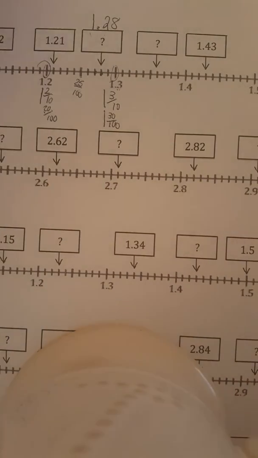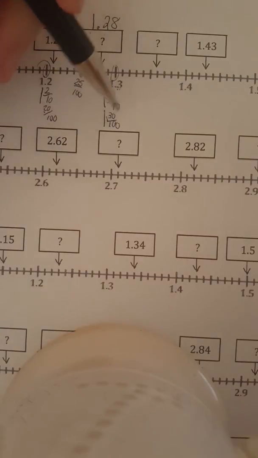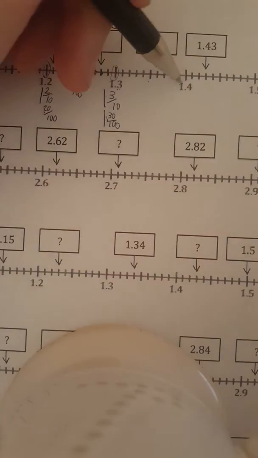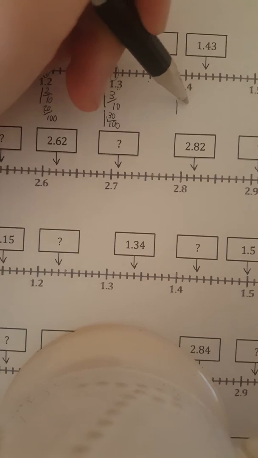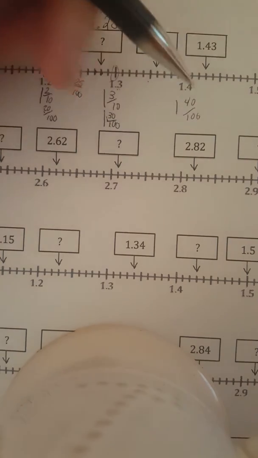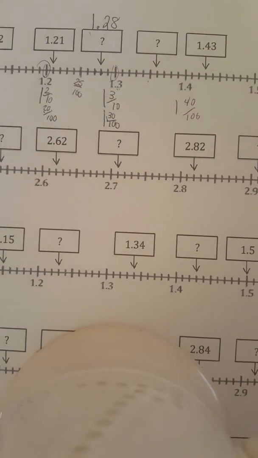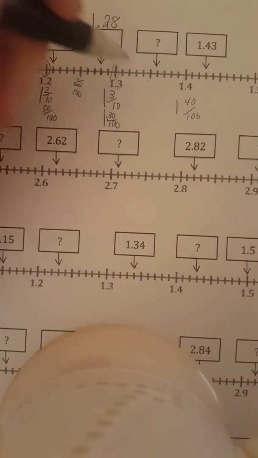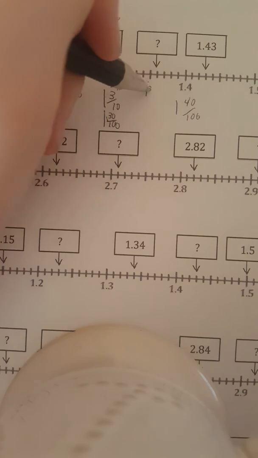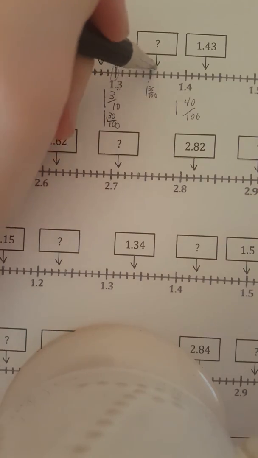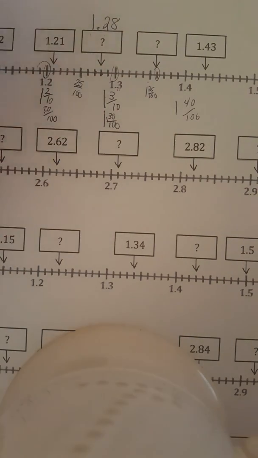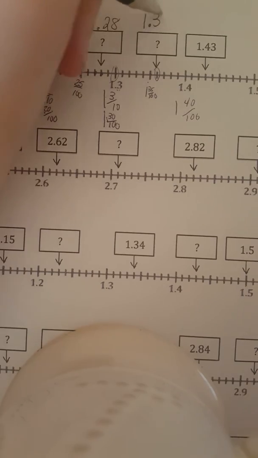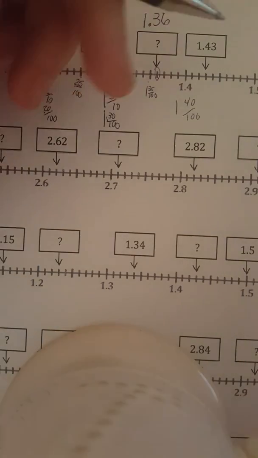Okay, the next one. If this was 1 and 30 hundredths, this one here would be 35, because this is 1 and 40 hundredths. Again, I'm getting that from this being 4/10, and I know 4/10 is the same thing as 40 hundredths. So this one here would be 1 and 35 hundredths, but it's one spot after that, so it would be 1 and 36 hundredths.